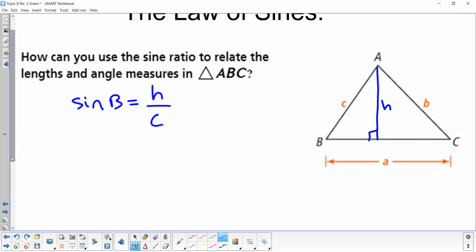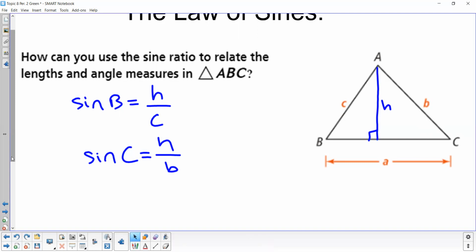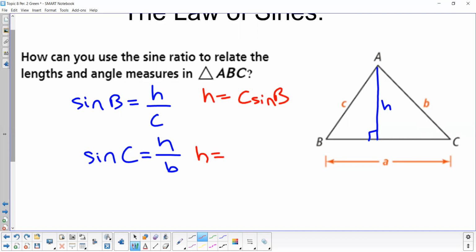All right, how about, let's use the sine of C. H over B. Now, both of those share the letter H in it, don't they? Yes. I'm going to solve for H then. I'm going to say that H up here is just C sine B. Down here, H equals B sine C.